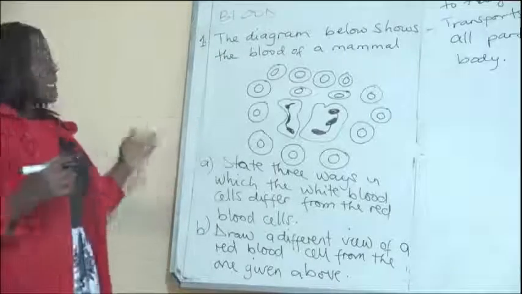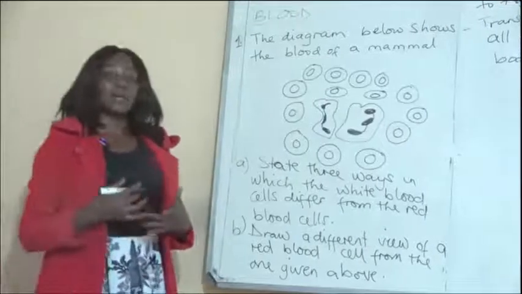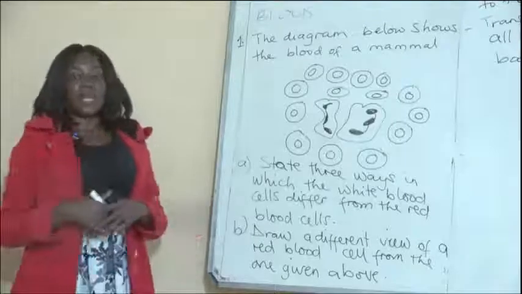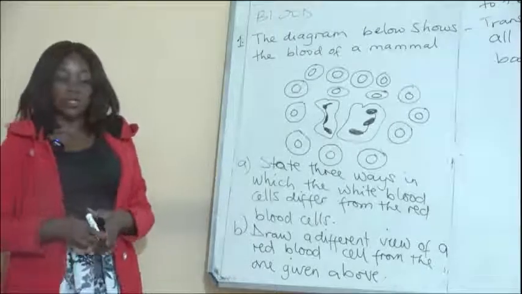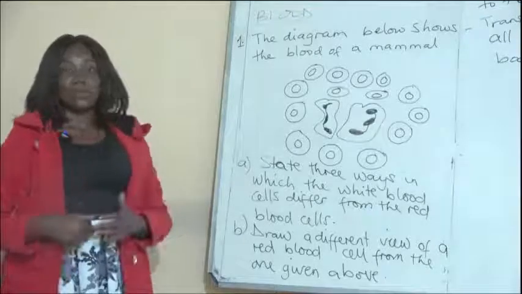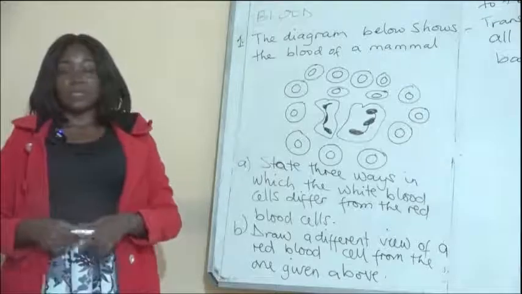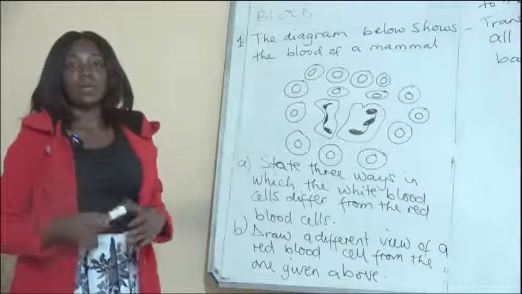As I do a recap, blood consists of red blood cells, white blood cells, plasma, and platelets. Red blood cells carry oxygen from the lungs to tissue cells and carbon dioxide from tissue cells to the lungs. White blood cells defend the body. There are many types of white blood cells. The main types are phagocytes and lymphocytes.